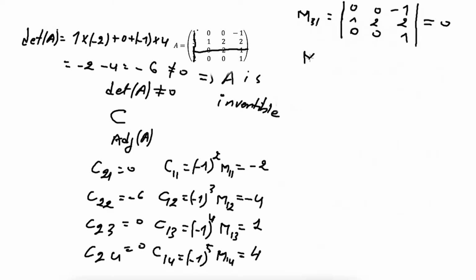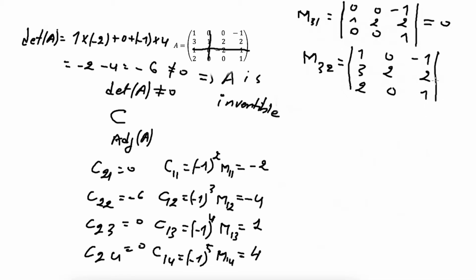And M32 for this element here, let me write this. For this 0 here, we'll write this matrix, which is 1, 3, 2, 0, 2, 0, and minus 1, 2, 1.